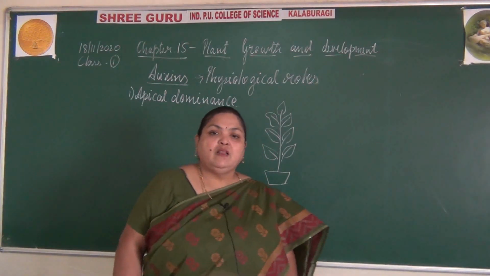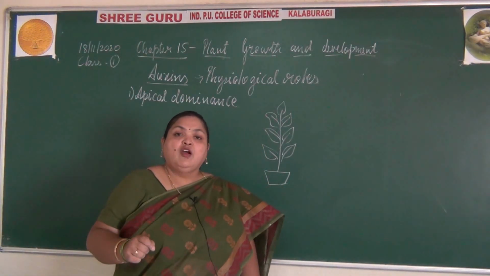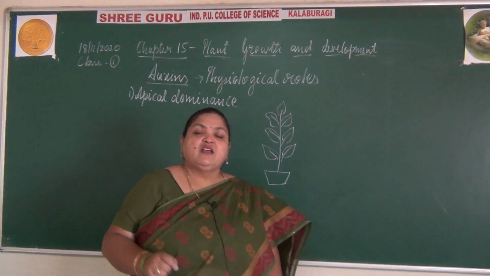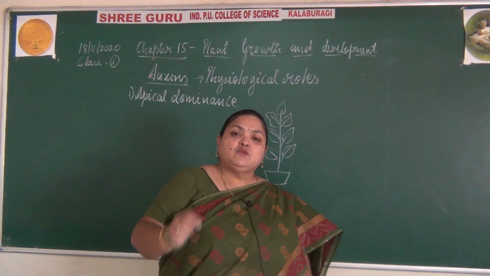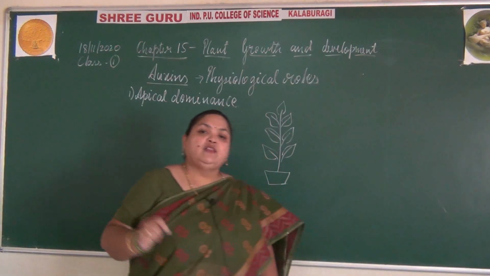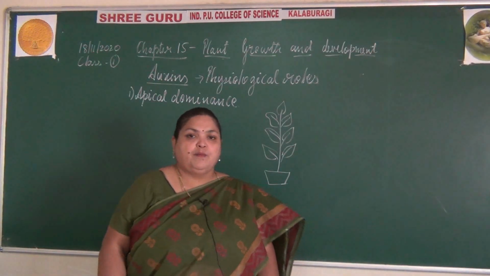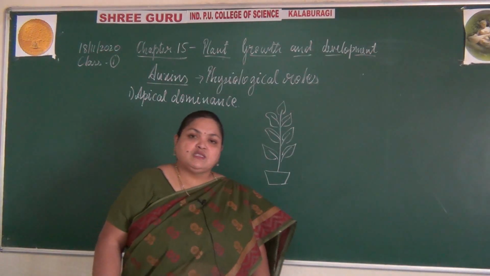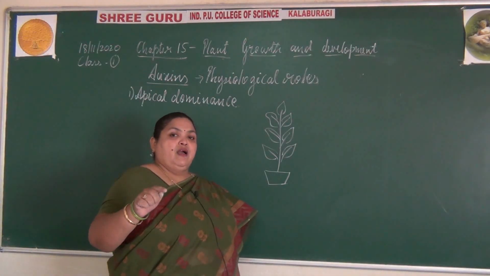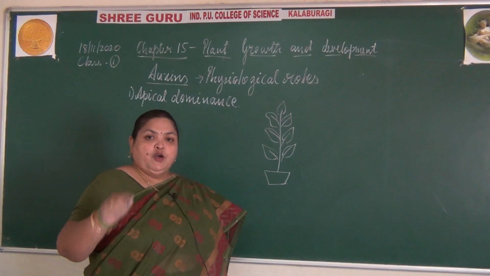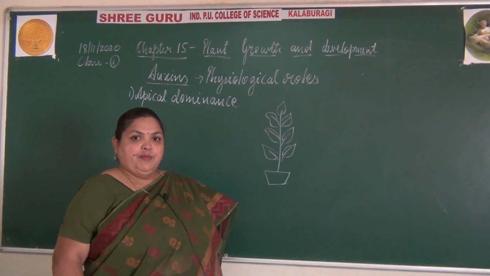This is known as apical dominance. So these apical buds did not allow, or inhibited, the axillary buds to grow. So the plants just grew tall, inhibiting the growth of the axillary buds. The phenomenon where apical buds dominate over the axillary buds is known as apical dominance.